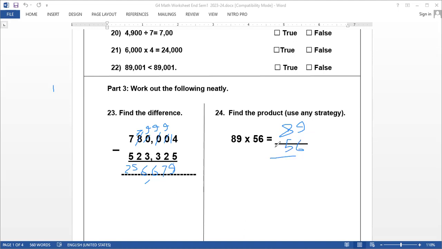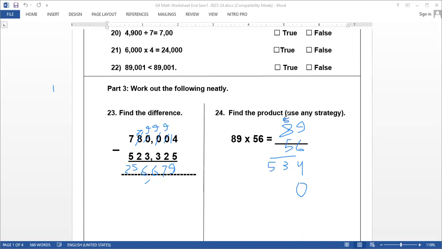We multiply them. 6 multiplied by 9 equals 54. The tens up and the ones down. 6 multiplied by 8 equals 48 plus 5, 53. Now we put 0 down, a big fat 0.